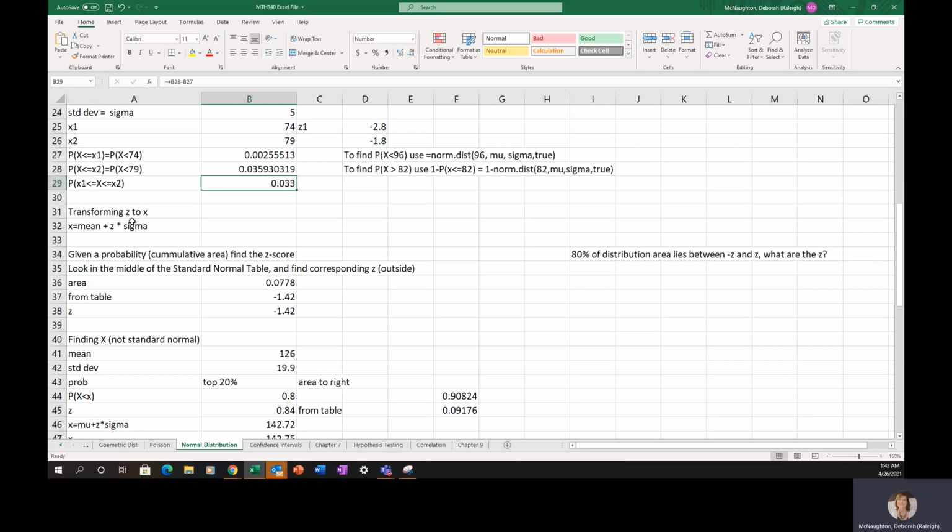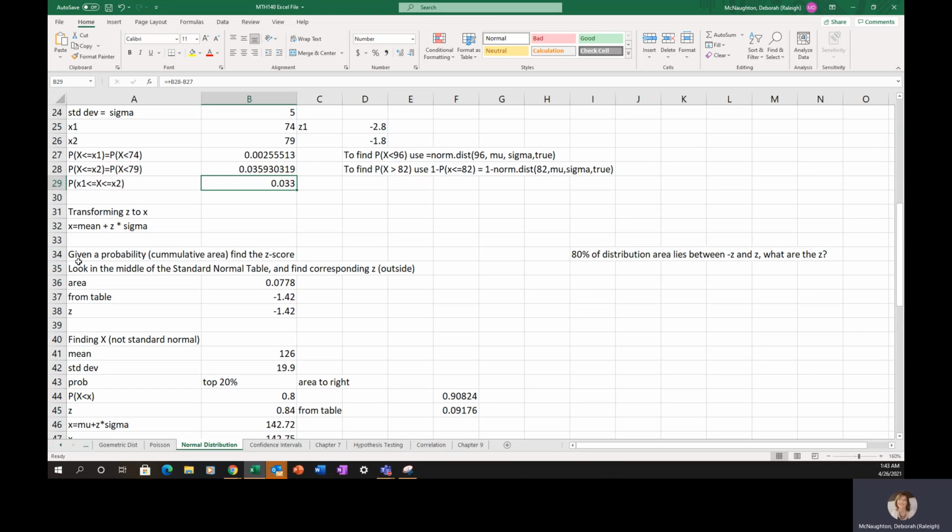And then once we find the z, that's always going to return a z-score. So then, well, if you find a standard normal, you could use this formula to convert it. But actually, we can do this the same way we did up here. So there's a norm.s.inv for the standard normal and just a norm.inv for the regular normal.